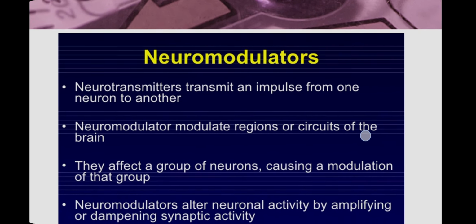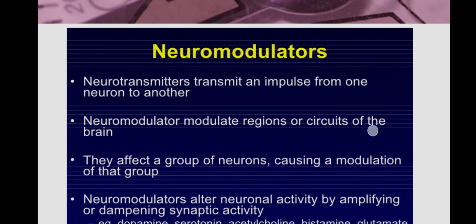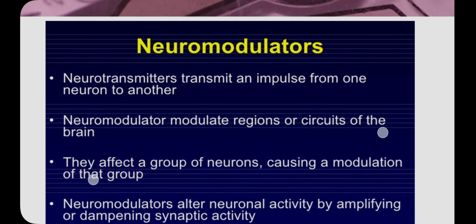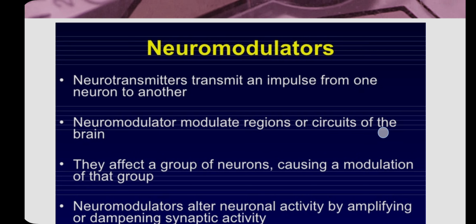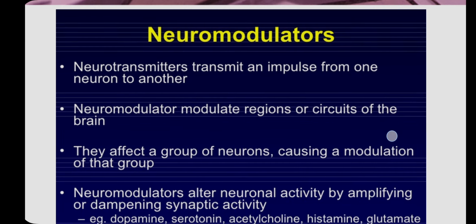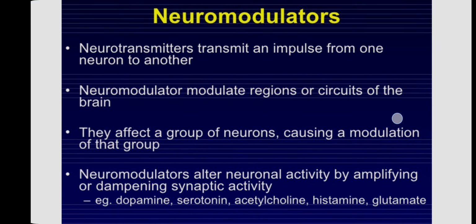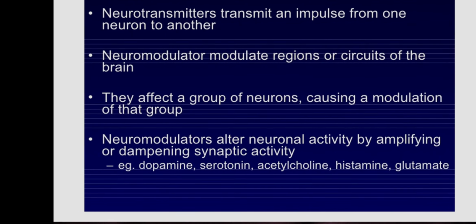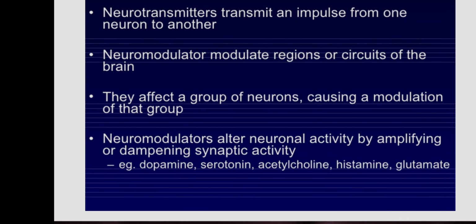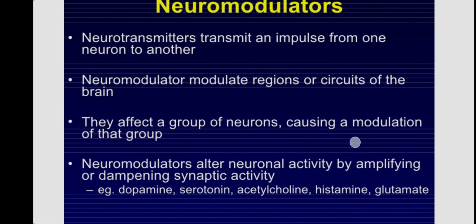Neuromodulators. Neurotransmitters transmit the impulse from one neuron to the other, hence the name. Neuromodulators modulate the regions or the circuits of the brain. They affect a number of neurons, causing a modulation of that group. So neuromodulators alter the neural activity by amplifying or dampening the synaptic activities.